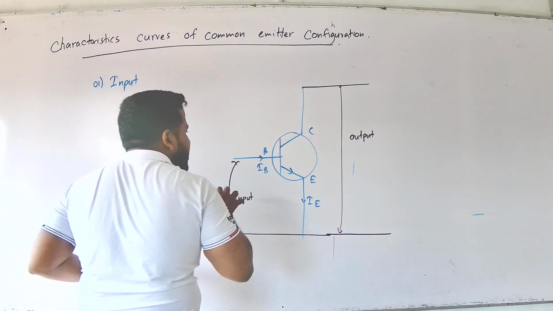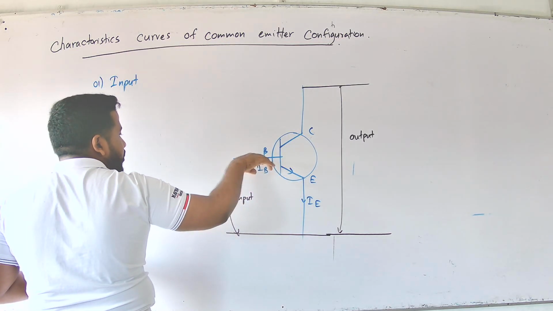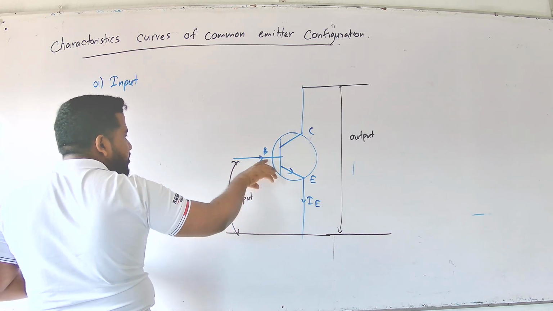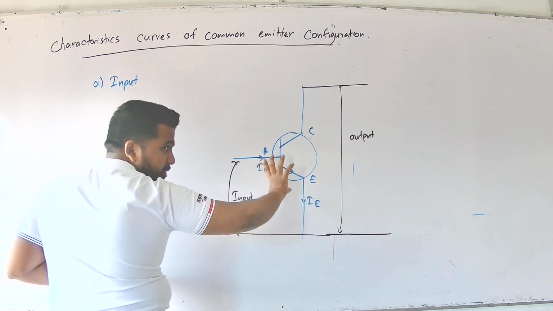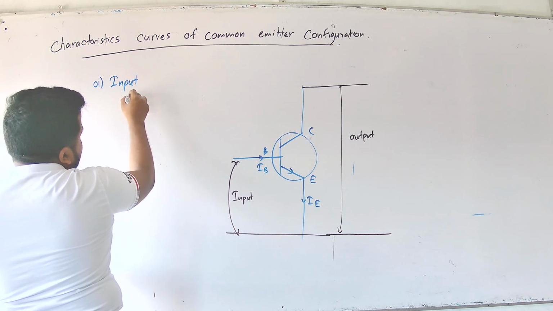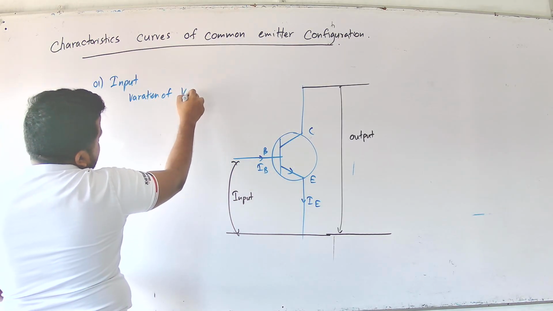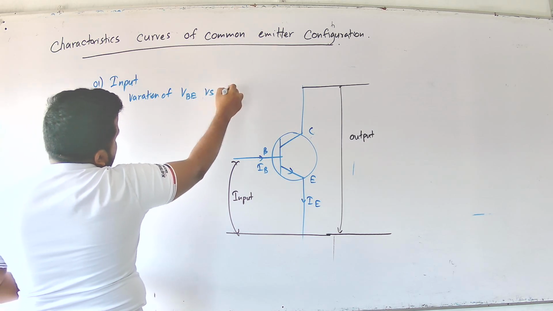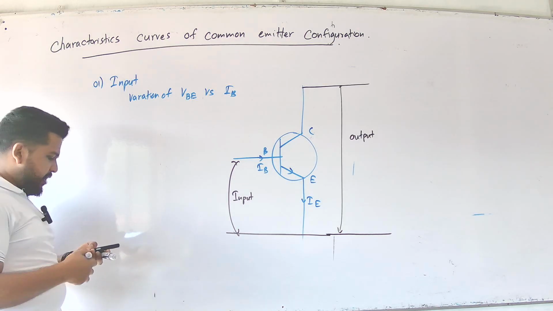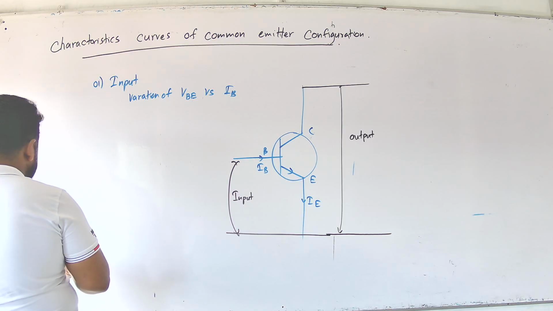So the input is IB, and also the voltage VBE. So the input characteristic means the variation of VBE versus IB. Right? The second one is transfer characteristics.